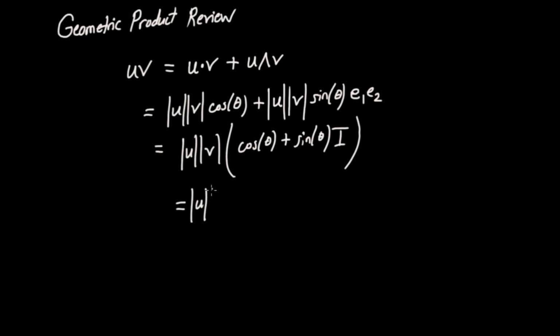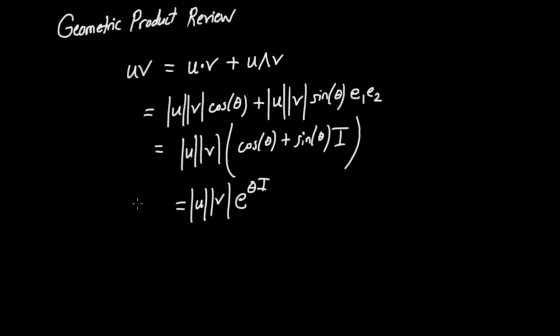So I have length of u times length of v. Now remember that I squares to minus 1. So I have the cosine of some angle theta plus the sine of some angle theta times some unit that squares to minus 1. Now I'm going to write that as e to the theta times I, just using Euler's formula.